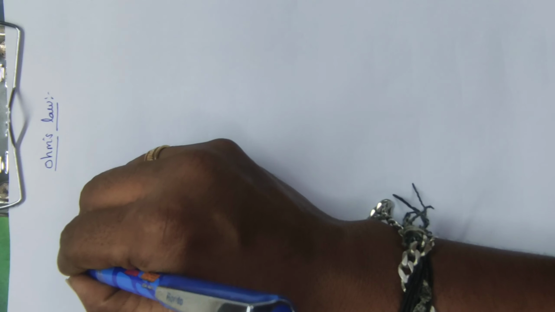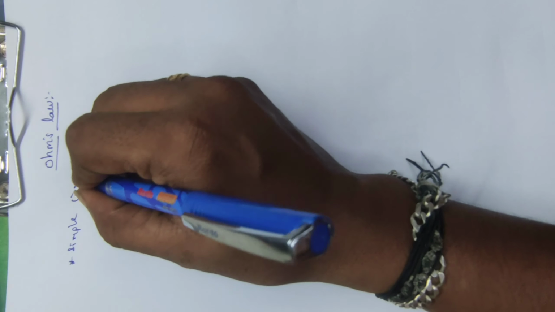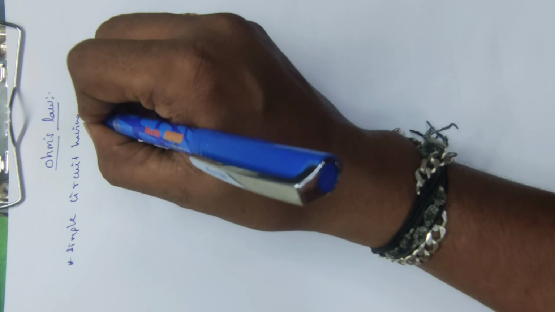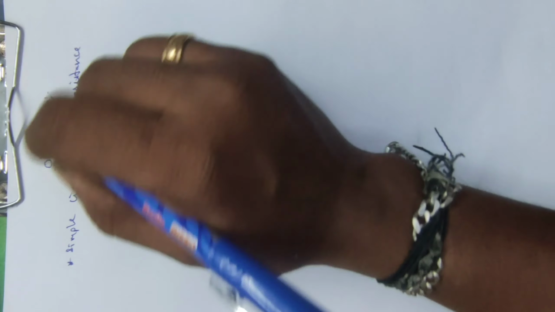According to our Ohm's law, it is applicable to a simple circuit having a single resistance. So to apply Ohm's law to any kind of complex or larger circuit, we need to apply a network reduction technique or circuit reduction technique, which is another way of converting a larger circuit into a simple single resistance circuit, called a single equivalence.